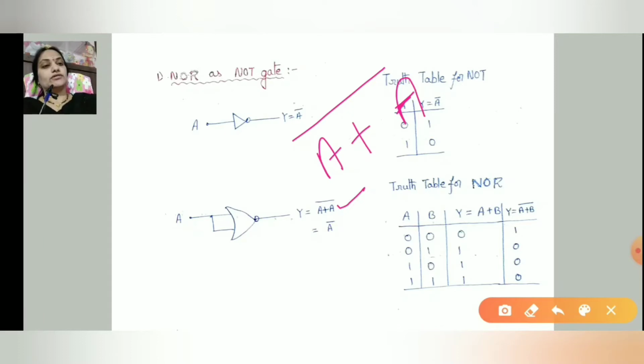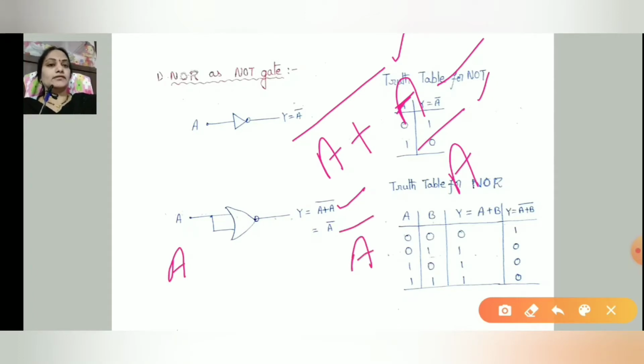Okay. So, according to Boolean algebra, A plus A becomes A. Okay. Again, I wrote this complement here. Okay. So, that means if you give A as input, you are getting A complement. Okay. Without using the NOT gate.